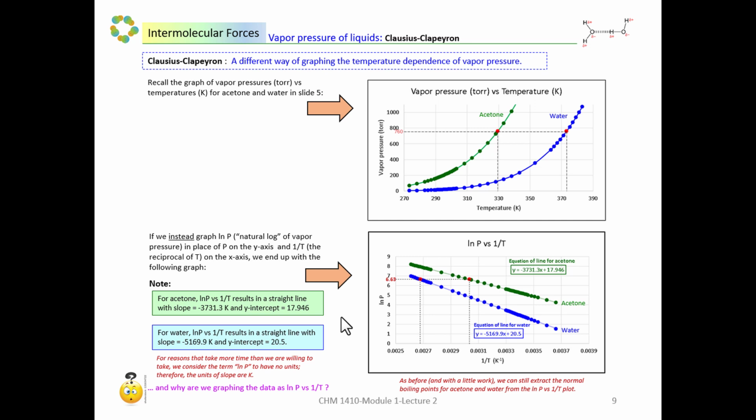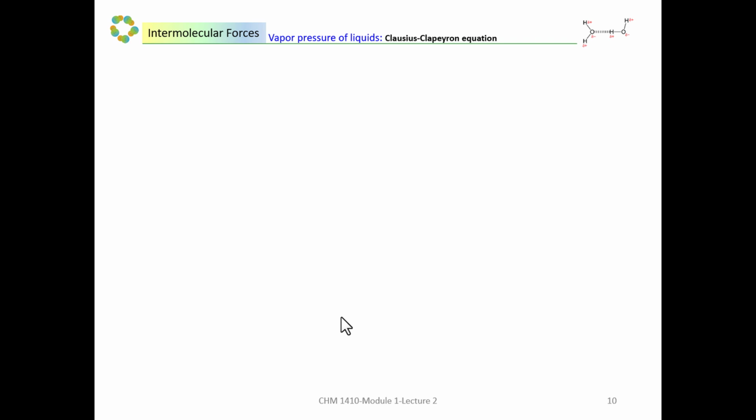And so you might ask, why are we graphing the data as natural log of the vapor pressure versus 1 over T? Well, I'm glad you asked, because we can use a plot like this to get an experimental number for the enthalpy of vaporization of each liquid.